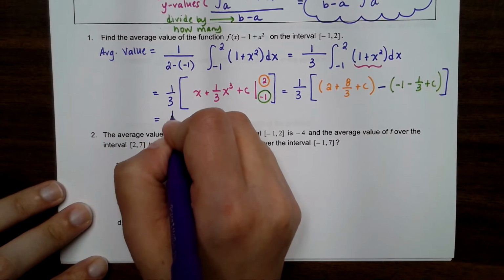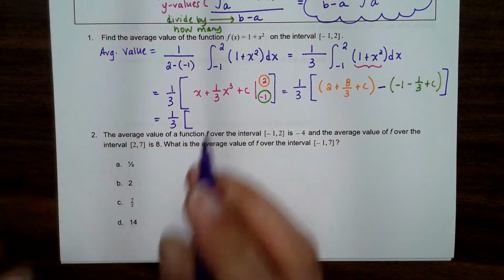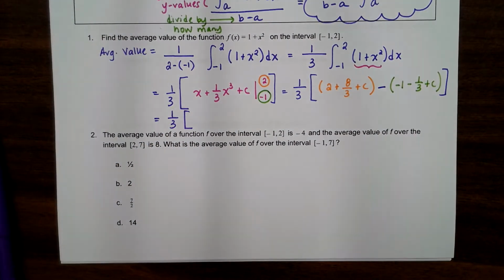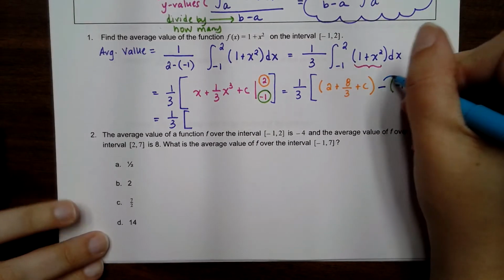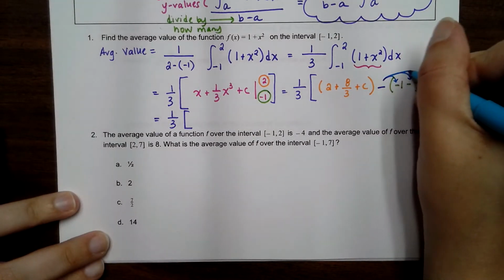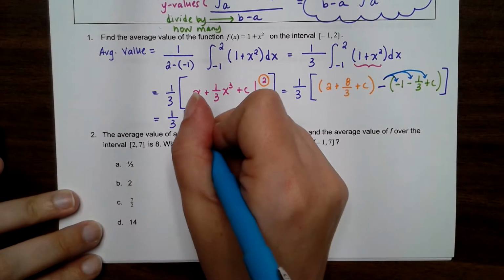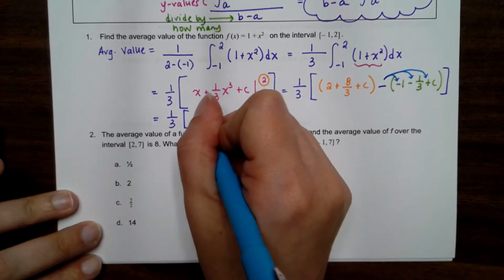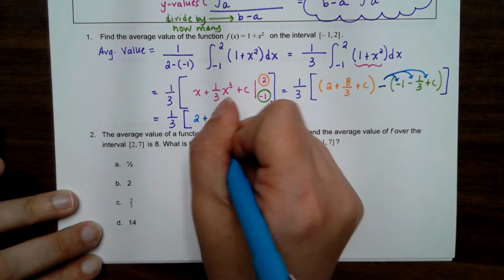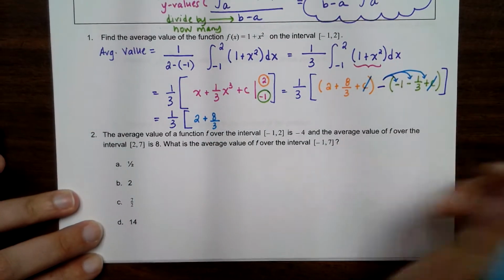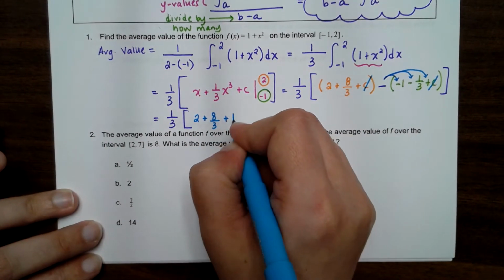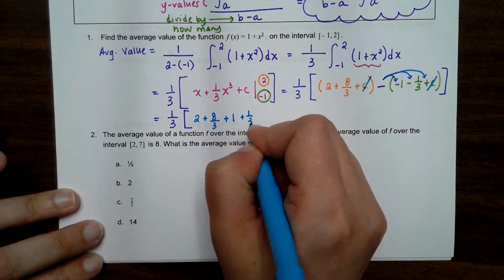Again, I'm just going to work on the inside of this bracket. I'm not going to distribute the 1/3 until I'm done. Now I'm going to simplify this negative by distributing. So I'm going to have the 2 plus 8 thirds. We know that the c's are going to cancel. And then I'm going to have plus 1 plus 1/3.